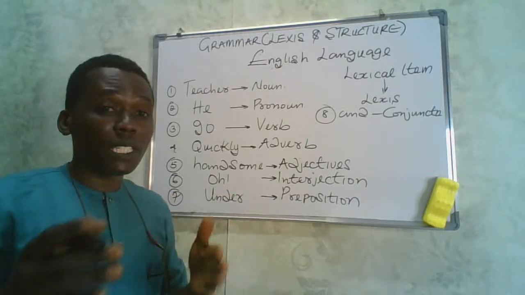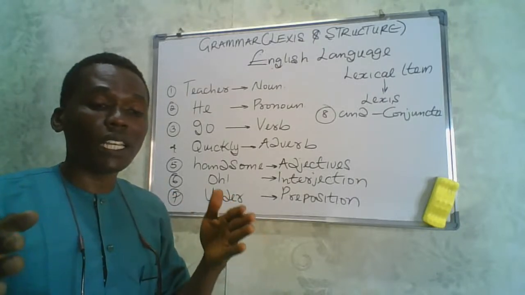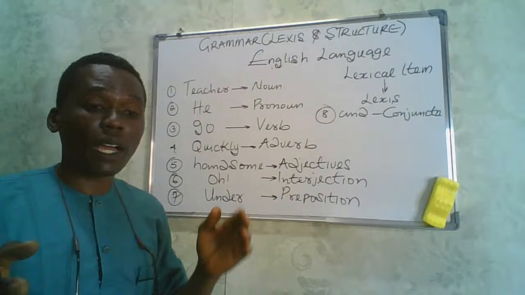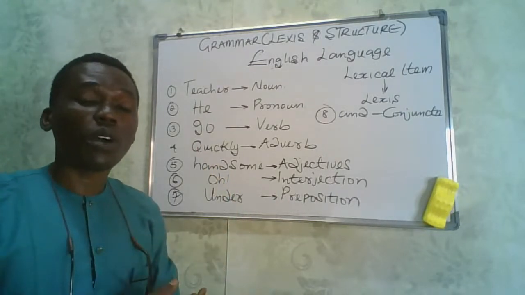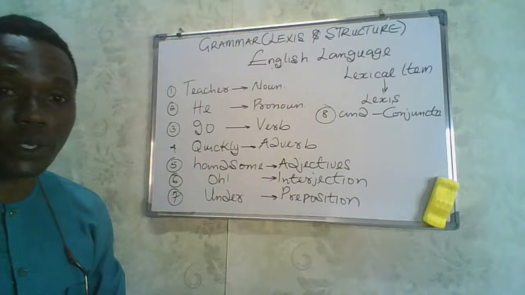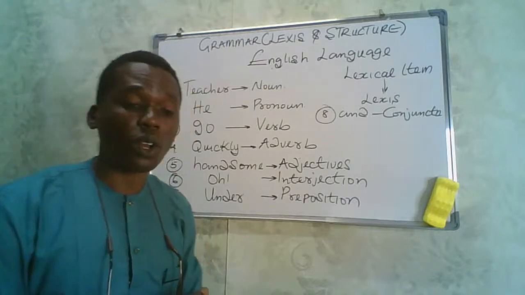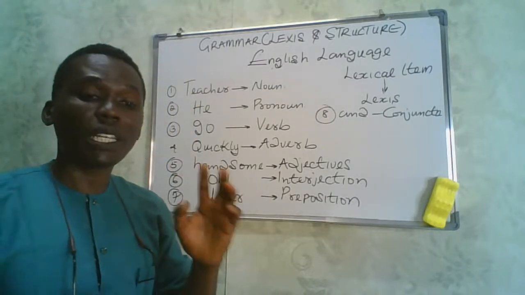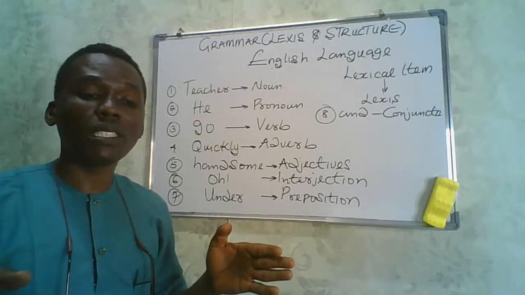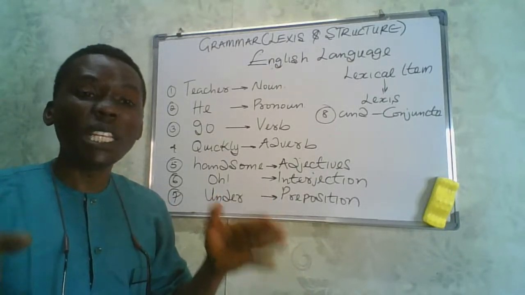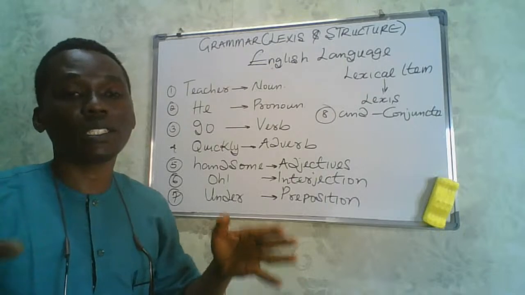And when you are being tested, you can be tested in any of these areas. One, in diction, that is the appropriate use of words in every sentence or clause. You can also be tested on semantics. What is semantics? Semantics is the meaning of words in any sentences or clauses.